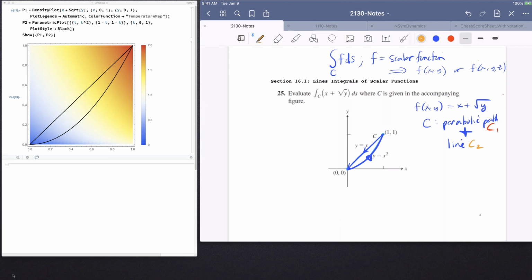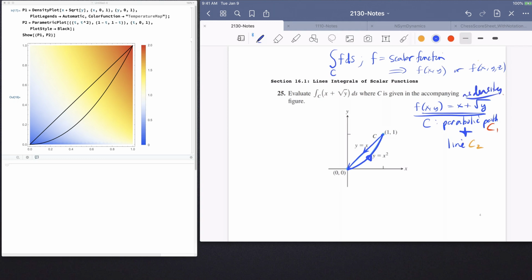In this video we'll just discuss the meaning of an integral of this type, and then in follow-up videos we will go through the evaluation of that. What we're seeing over here to the left is a plot of the function x plus the square root of y as a density function.